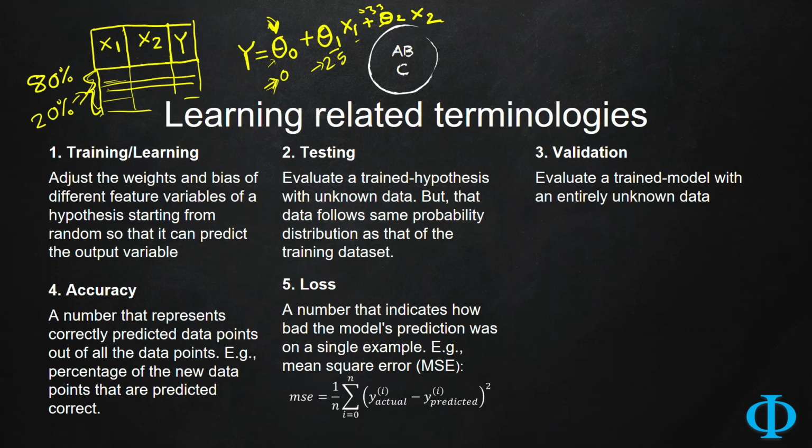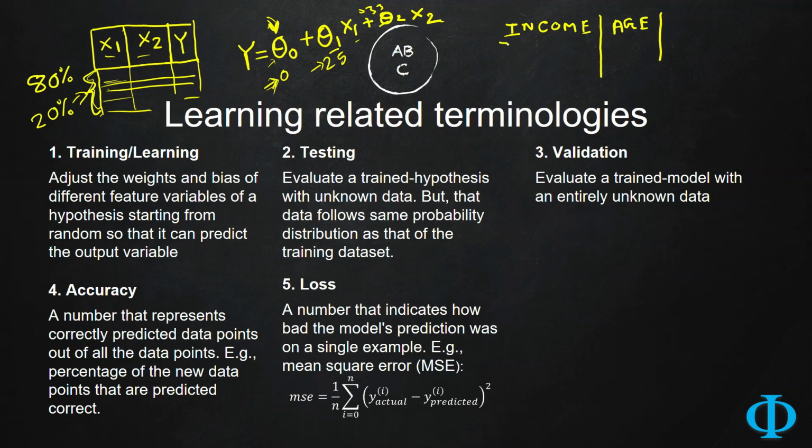Now, in order to easily visualize, you can take this situation as testing. For example, let's say instead of x1 and x2, you have the household income of every room in every house of a city, and not only that, you also have the age of the owner of that house.